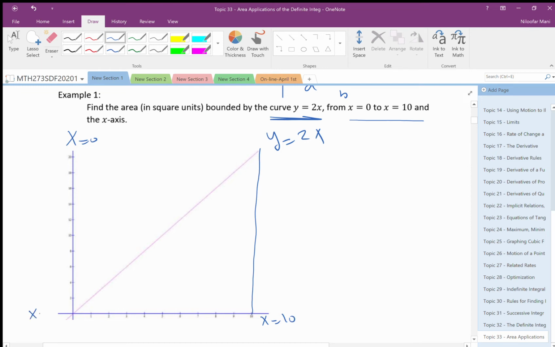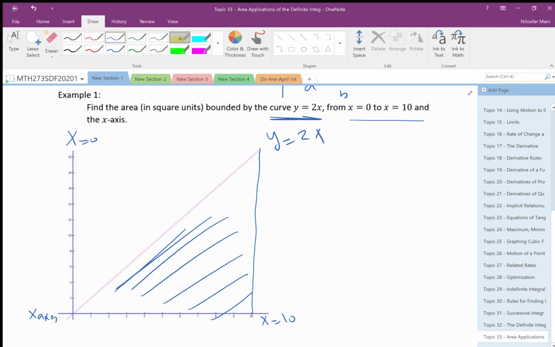So I am looking for this area, which is limited by this graph and this line and this line and this point, which is x equals 0. So I am looking for this part.